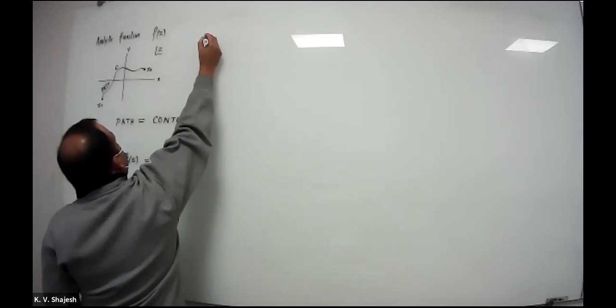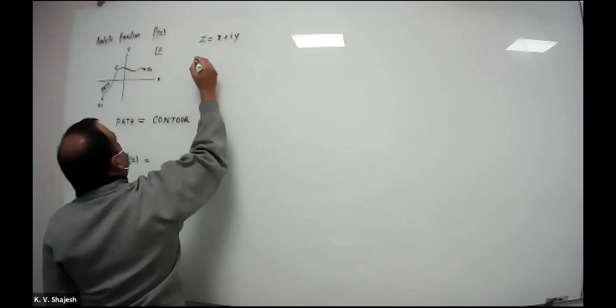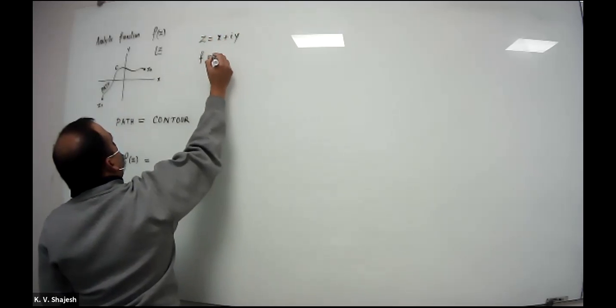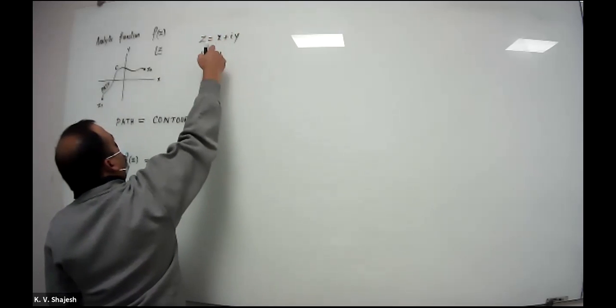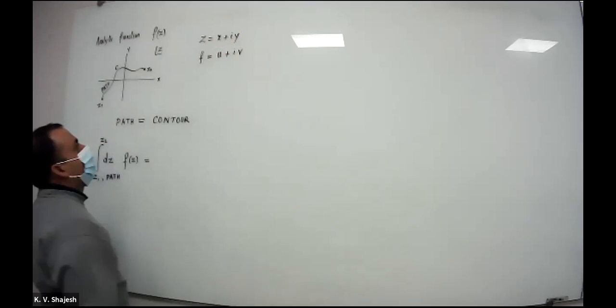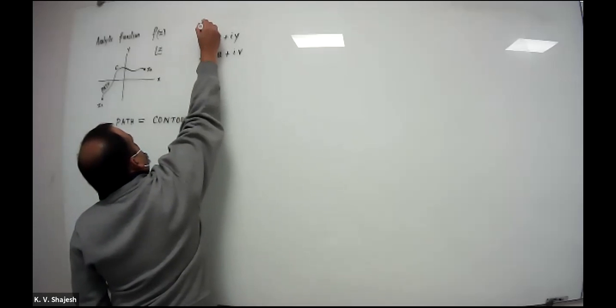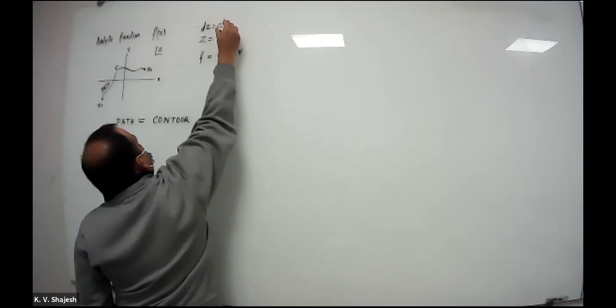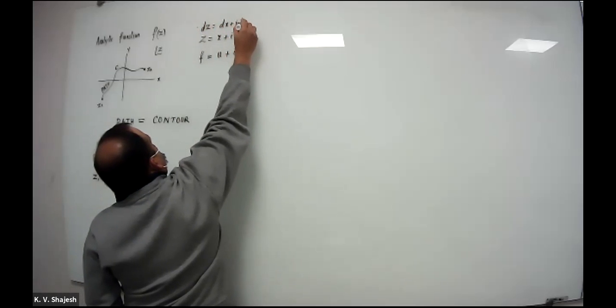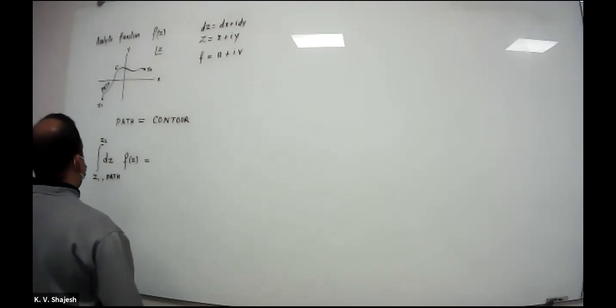Notice z is equal to x plus iy, and the analytic function is u plus iv. U is a function of x and y. So dz is dx plus idy, a small tiny differential element associated with it. So what is this integral about?